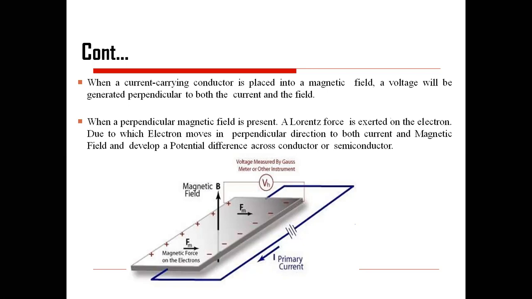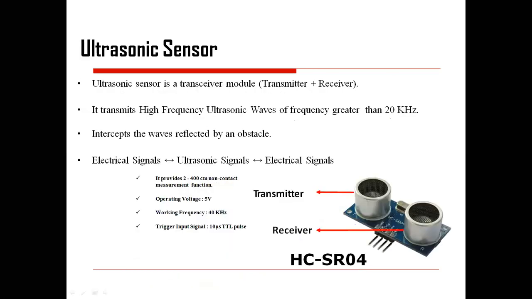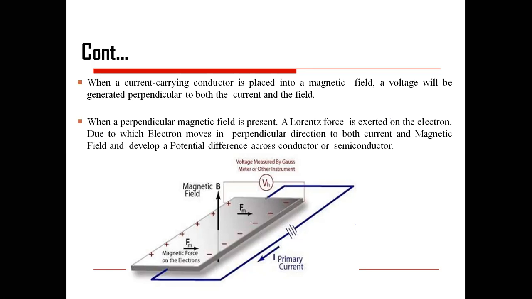So when a perpendicular magnetic field is present, the Lorentz force is exerted on the electrons. How it is exerted, I will show. Due to this, electrons move in the direction perpendicular to both current and magnetic field and develop a potential difference across the conductor or semiconductor.